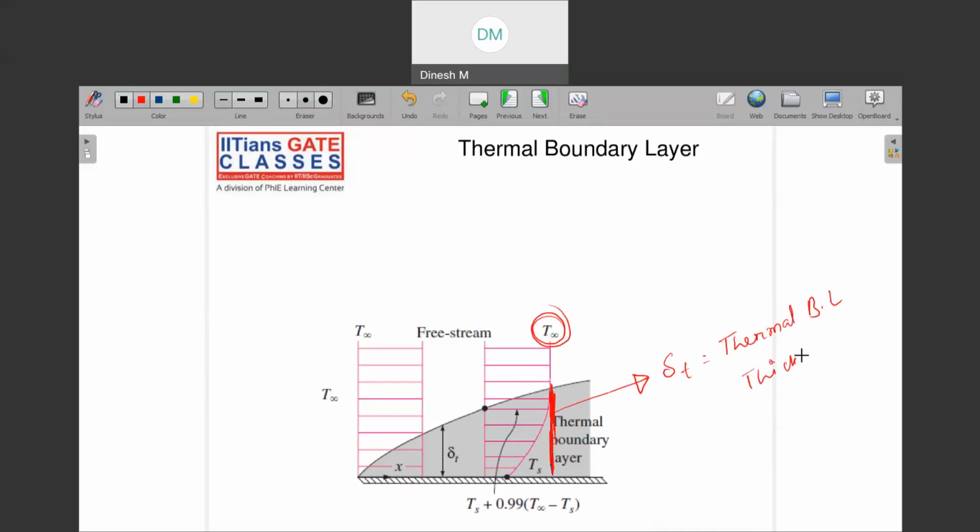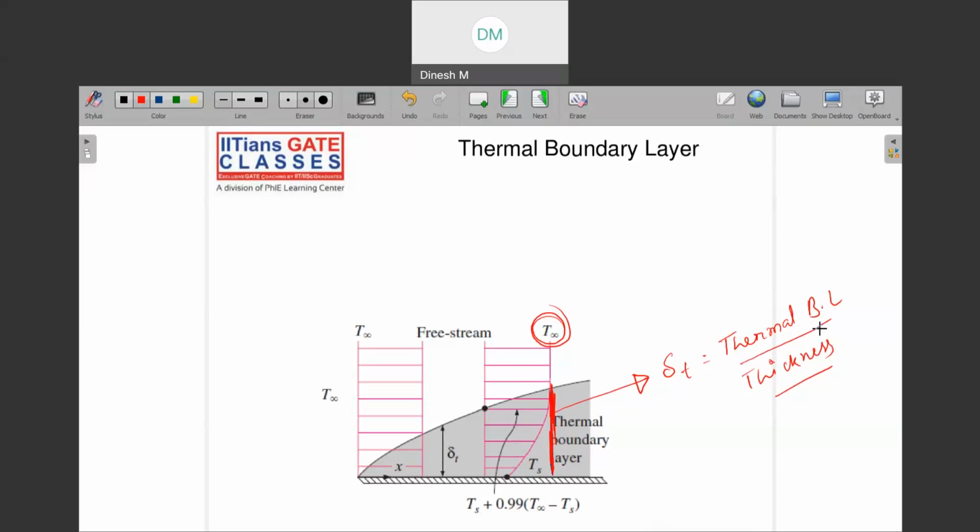Got it? What I am trying to say is that as in the case of the hydrodynamic boundary layer, where we have seen there was a boundary layer thickness or hydrodynamic boundary layer thickness, similar is the case with the thermal boundary layer also, meaning thermal flow.